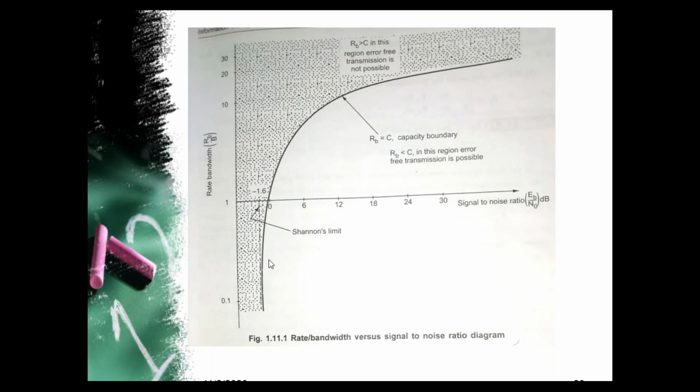Here this line represents RB equal to C, the capacity boundary. The region below this graph corresponds to RB less than C, and above that, RB greater than C.